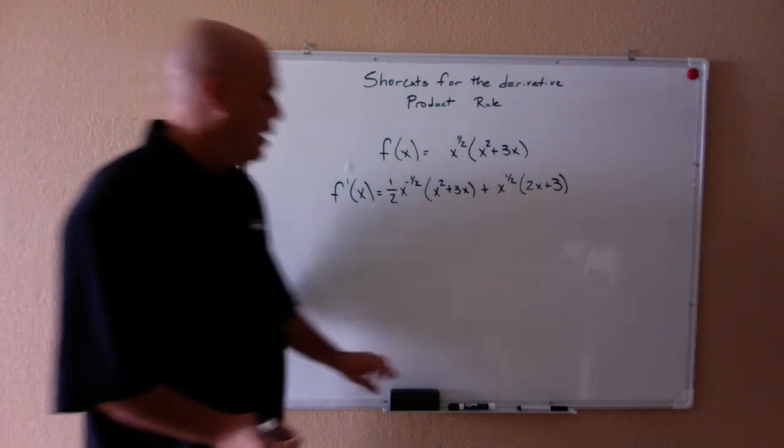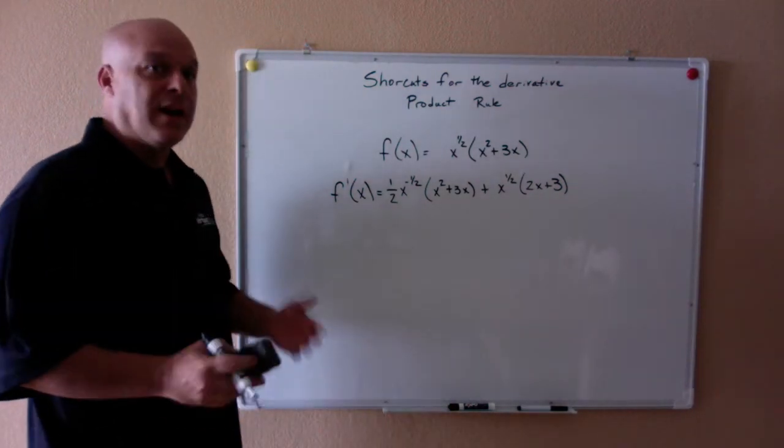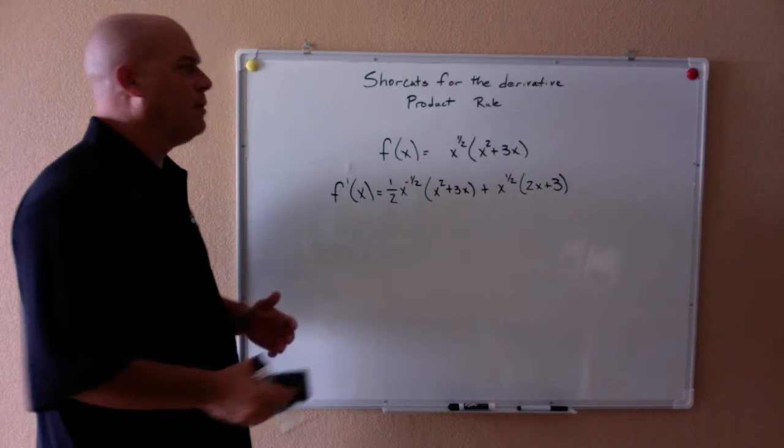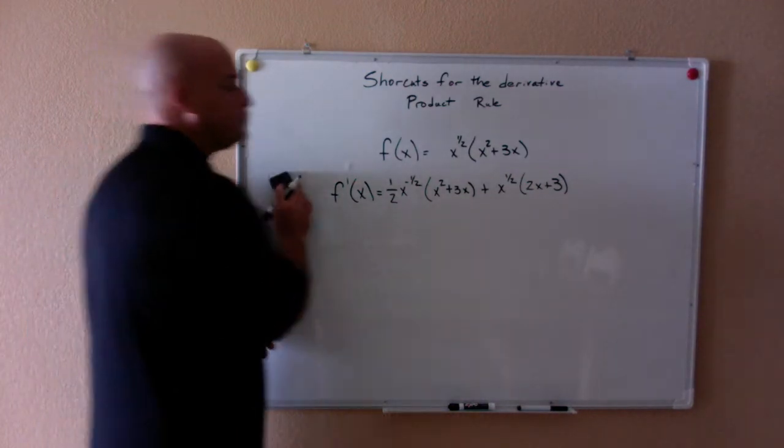Okay? Now, let me show you something that hopefully will connect the power rule and the product rule and verify for us that what we're doing with this product rule is actually true.